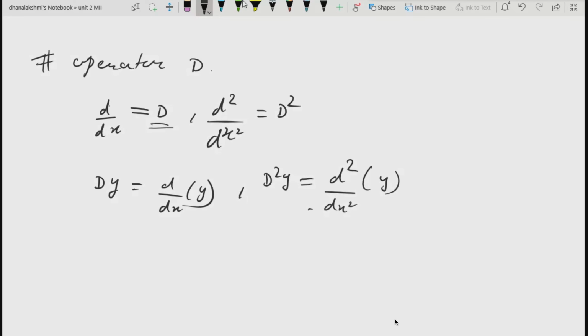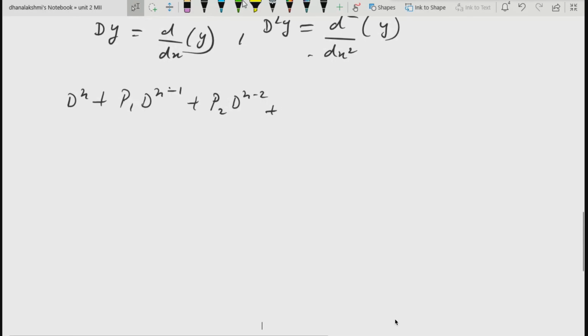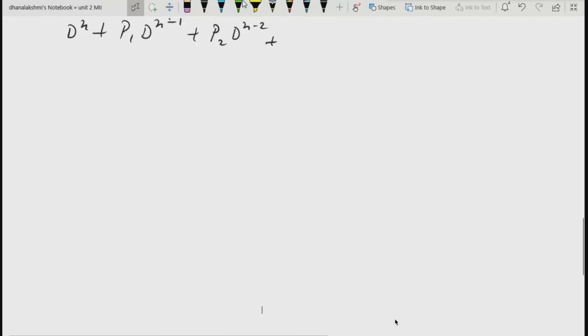And so on. Now if I want to write my equation 1, which was the linear differential equation with constant coefficients, in symbolic form, it will be something like this: D^n plus p1 D^(n-1) plus p2 D^(n-2), and so on, up to pn.